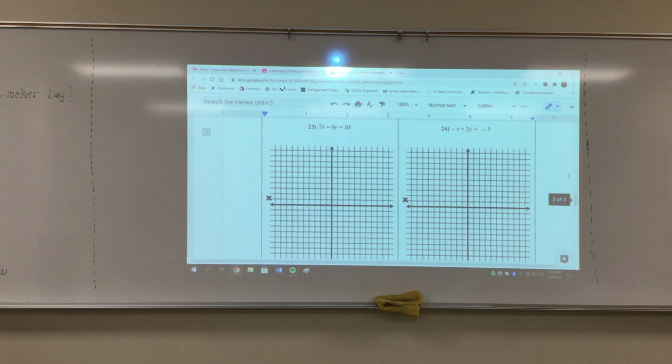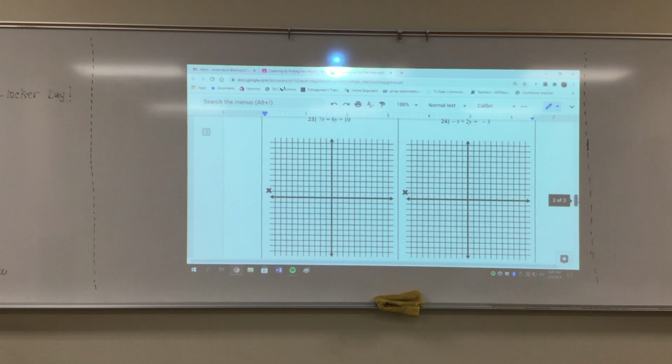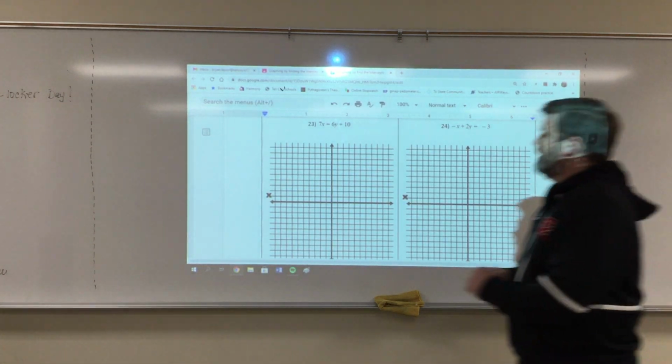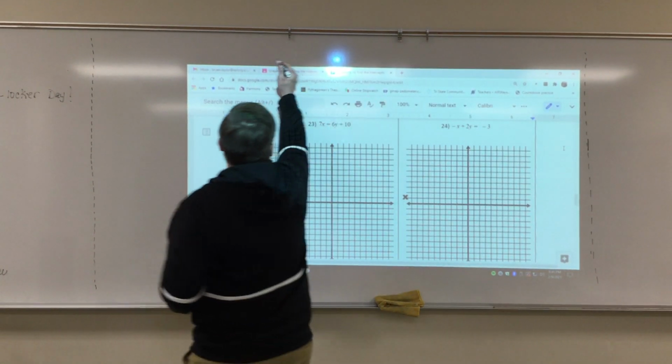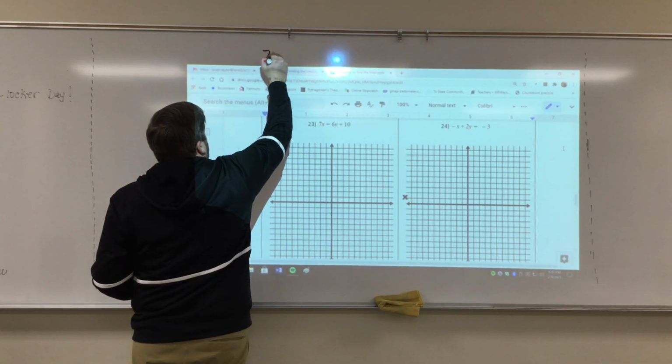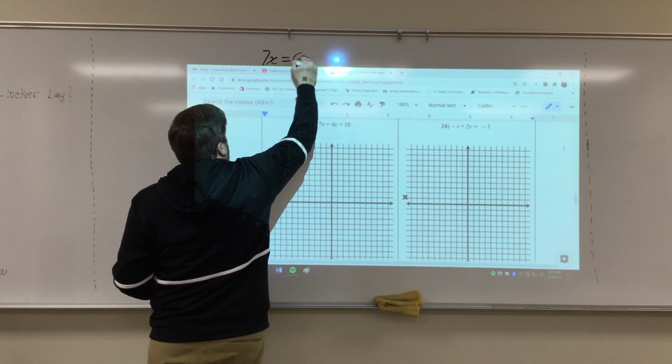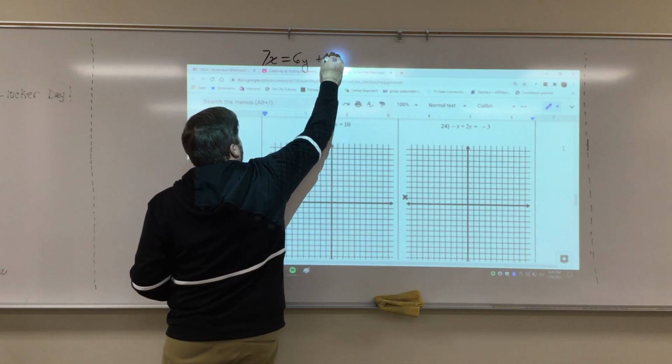All right, number 23. So it has a lot going on. It's not in standard form, and once we solve it, it'll give us kind of weird intercepts. So let's handle that one. We have 7x equals 6y plus 10.